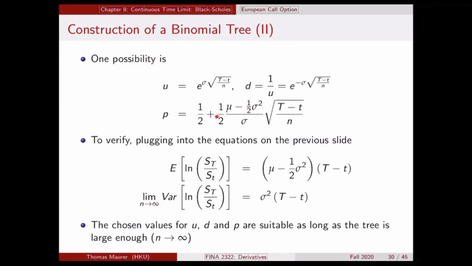However, we cannot very accurately estimate the terms which we need to get that true world probability of an up movement in the tree. However, notice that for pricing, if we go back to our earlier slides in chapter 7, we remember that for pricing, the only thing which I need is actually these gross returns U and D and the risk-free rate.